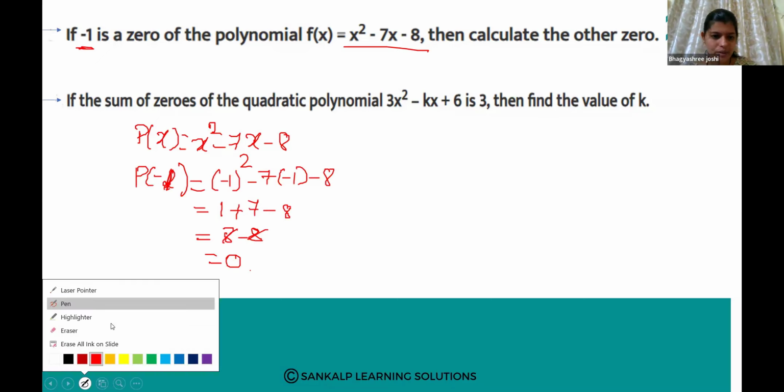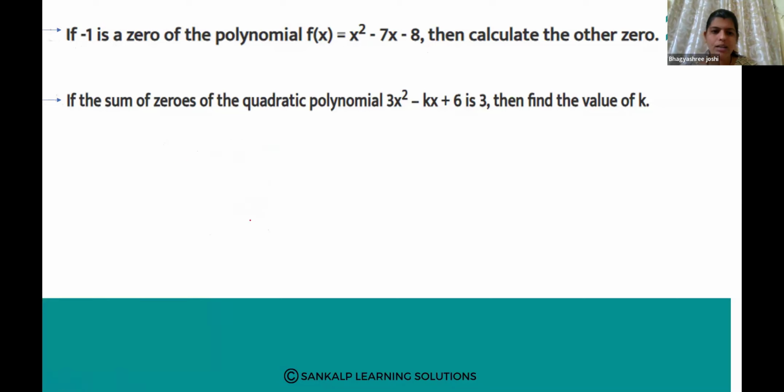Next one. If the sum of zeros of the quadratic polynomial 3x square minus kx plus 6 is 3, observe carefully, then find the value of k. What have they given? The sum of zeros of the quadratic polynomial is 3, so alpha plus beta is equal to 3. What have they asked? Find the value of k.